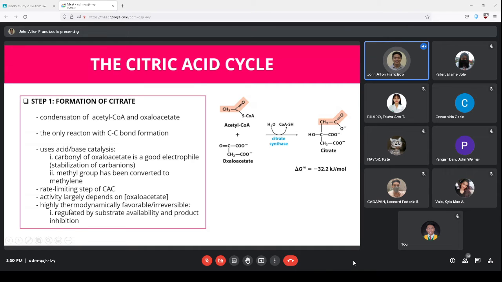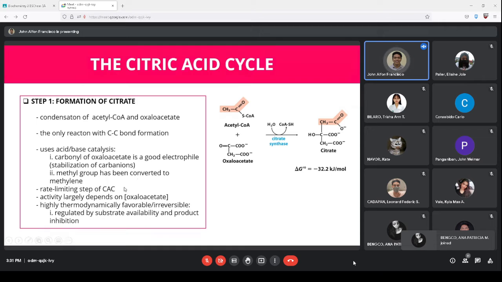It is highly thermodynamically favorable or irreversible since you have a negative delta G prime naught. So this reaction is a very favorable reaction. So pa-right yung kanyang reaction.